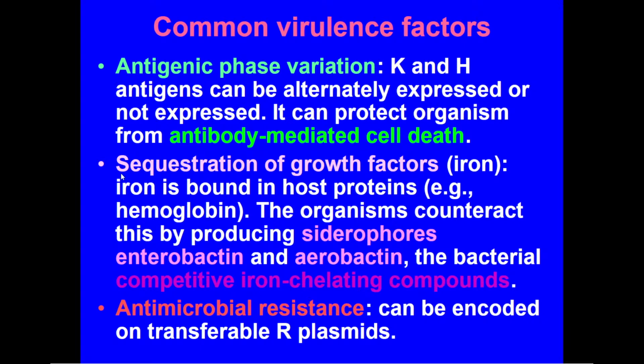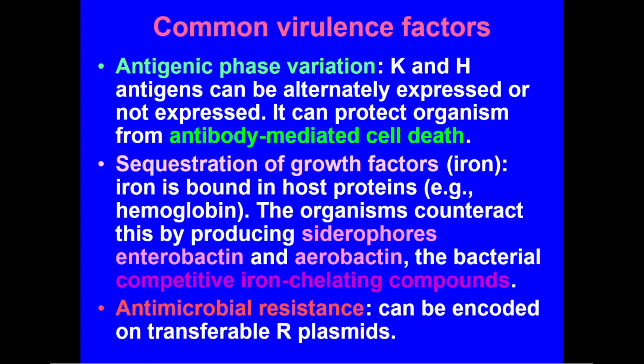Then almost all Enterobacteriaceae are able to perform sequestration of growth factors, especially iron. Usually Enterobacteriaceae may produce different enzymatic systems to get iron from human cells, because we don't have free iron in the body, right?